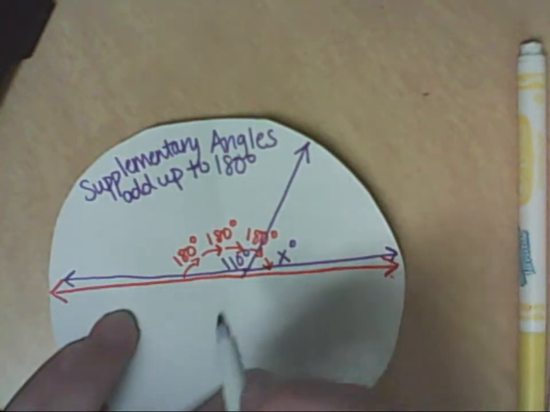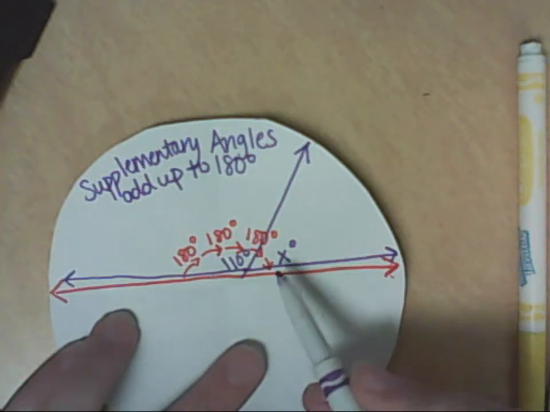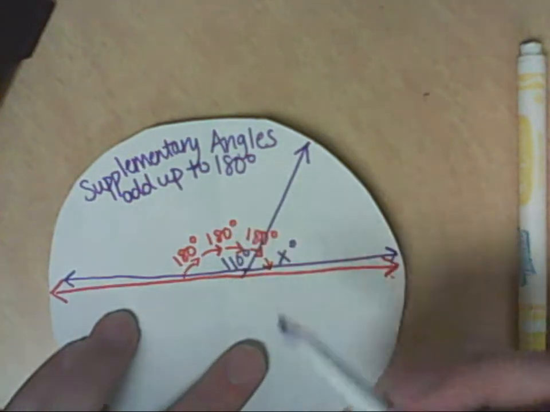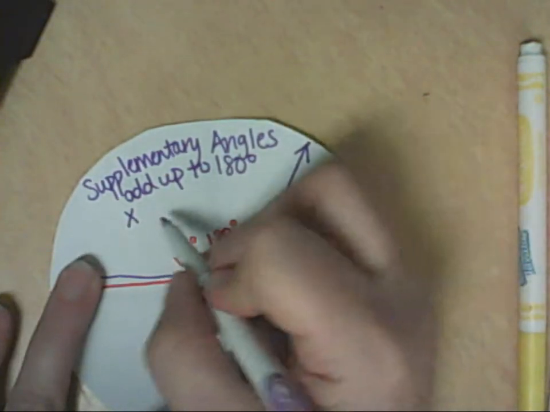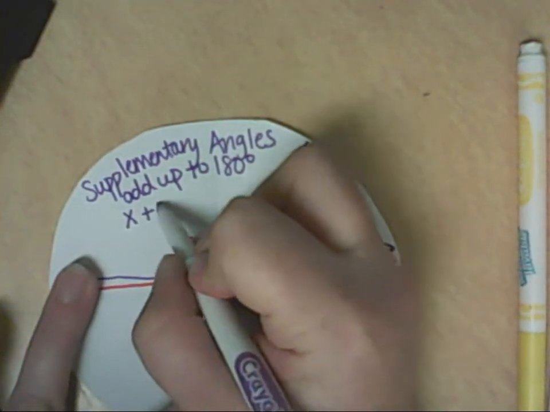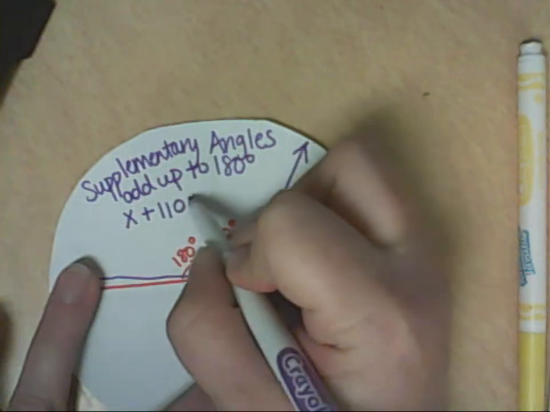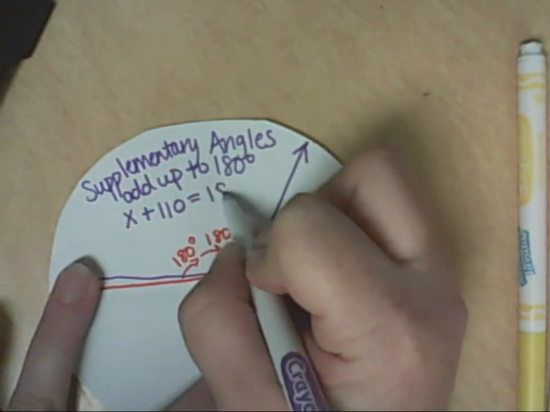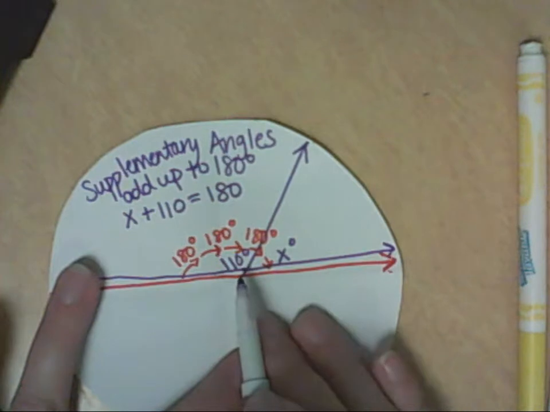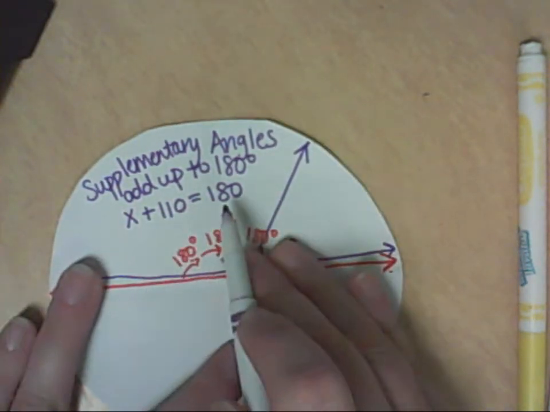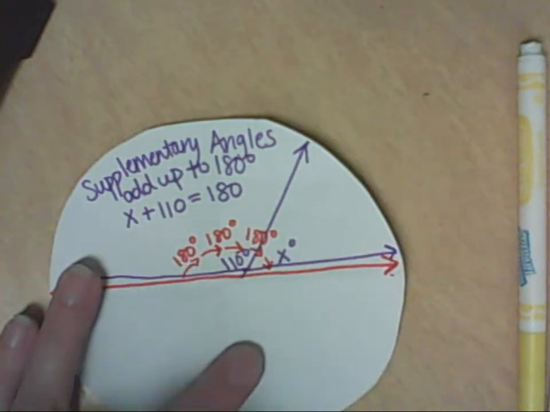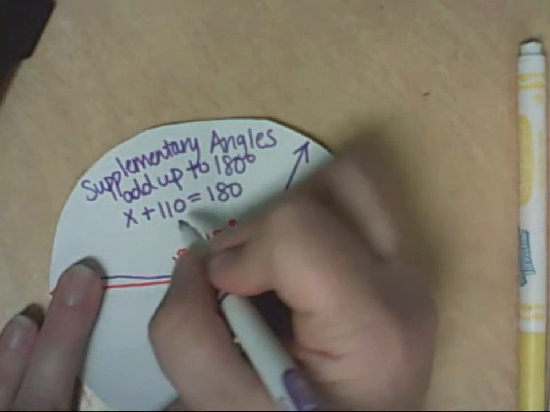So if we look at it algebraically, we know that x plus 110 should equal 180. So this is a way to look at it as an equation: x plus 110 equals 180. But we've already used 110. So look, this brings you back to solving one-step equations. I have to get the x all by itself by doing the inverse.